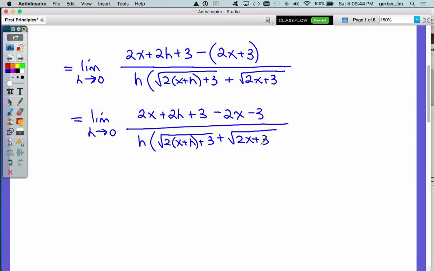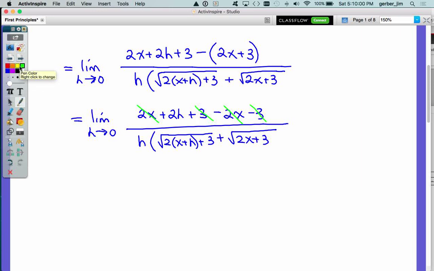And here I see that some good things happen. The 3's will disappear. We've got 3 minus 3. We have 2x minus 2x, so those disappear. And that just leaves me with a 2h in the top and an h in the bottom.